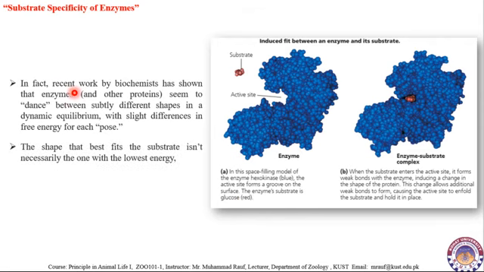In fact, recent work by biochemists has shown that enzymes and other proteins seem to dance between subtly different shapes in a dynamic equilibrium, with slight differences in free energy for each pose.